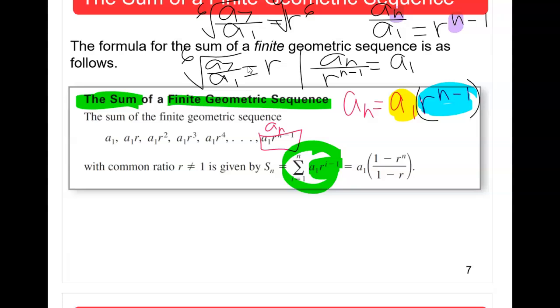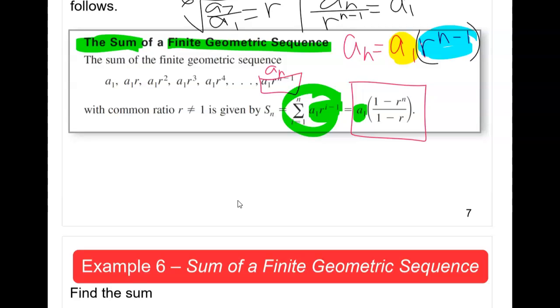So the formula that we're going to start using is the first term times 1 minus r to the power n, divided by 1 minus r. This is another one of those formulas that you will need for your exam. Exam 3 is coming up pretty soon, so you might want to start working on that formula sheet.